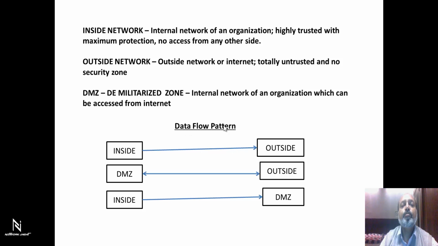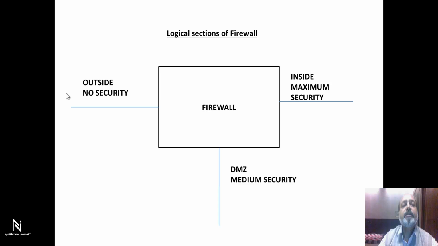Now the data flow pattern. Here we see the data flow. Anything can obviously go from inside to outside. Anything can go from inside to DMZ, but nothing can come from the DMZ or outside into the inside. Whereas the DMZ and the outside can exchange their data. That means if some traffic comes from outside, it will never reach the inside zone, right?